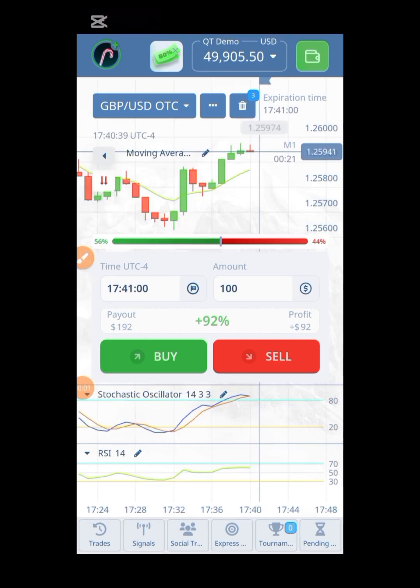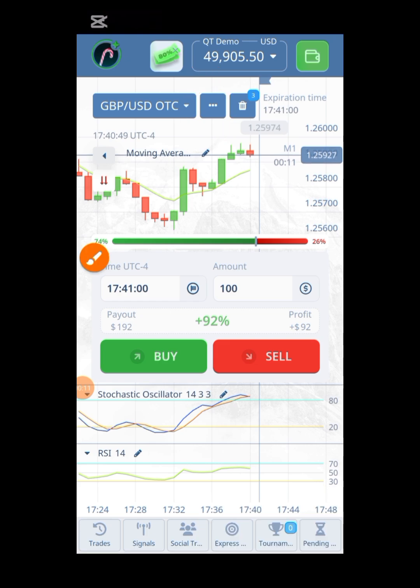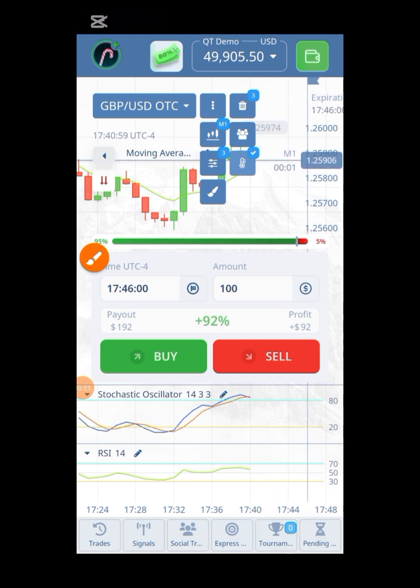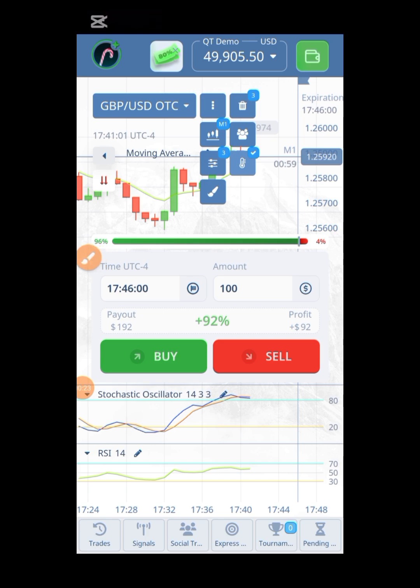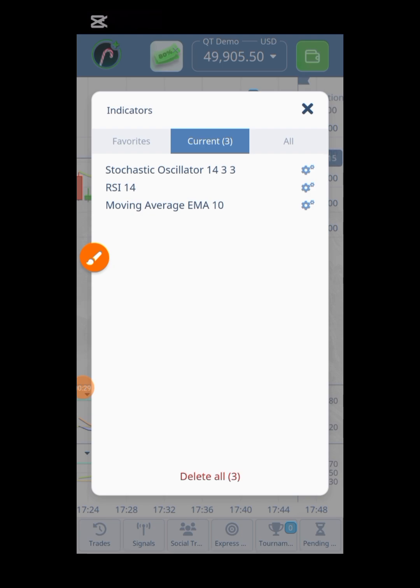Okay, so this is the last part of it. You have to click on these three dots here so that you can select your indicators. The indicators are basically on this side of the chart and will help you get the real signal. You select here to select your indicators.